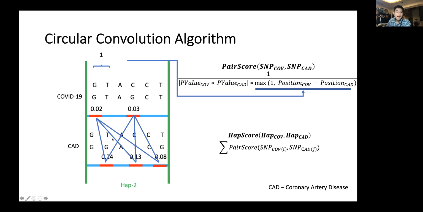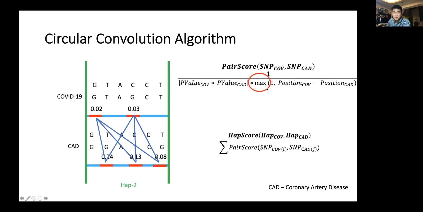Because I'm multiplying these together and adding them together, this is the reason why I'm calling this algorithm a convolution. And since I'm exhausting every single combination of these pairs, it's also the reason why I'm calling this a circular convolution algorithm.